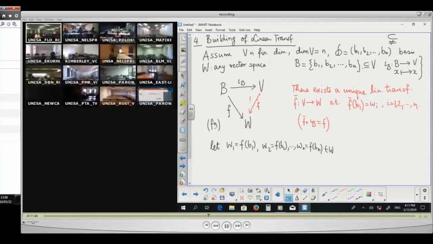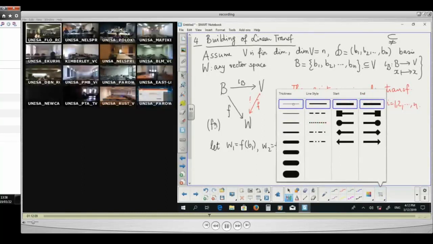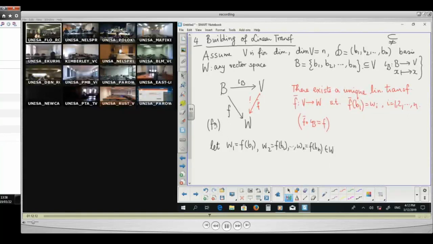Now, what is the definition of this F bar? There's only one way you can do it. If F bar has to be linear, there is only one way. No two ways. So, what's the proof? Suppose you take x from V, and suppose the coordinates of x are alpha 1 up to alpha n.